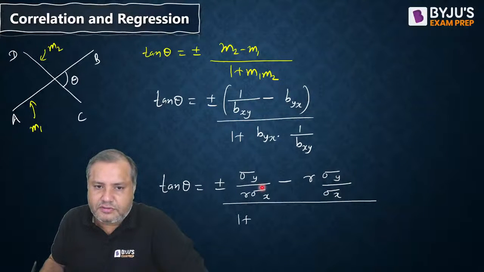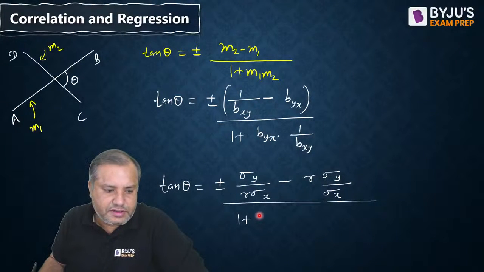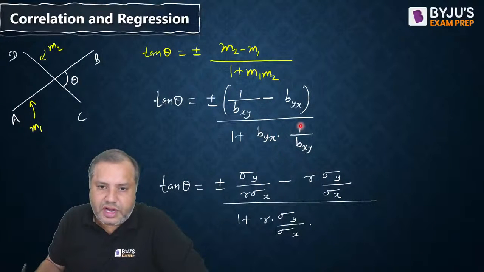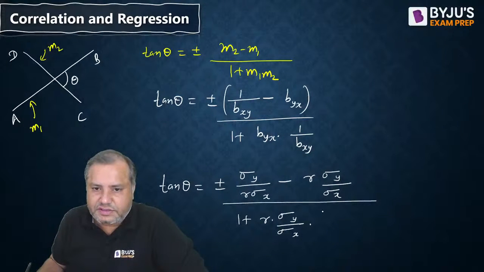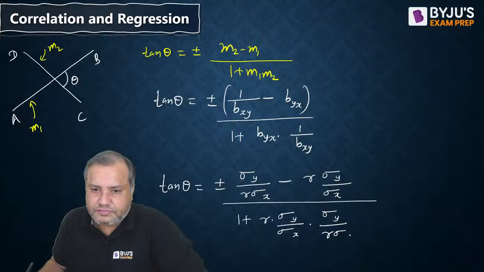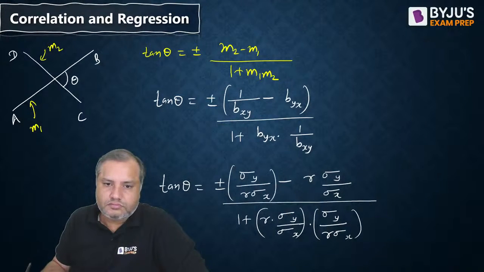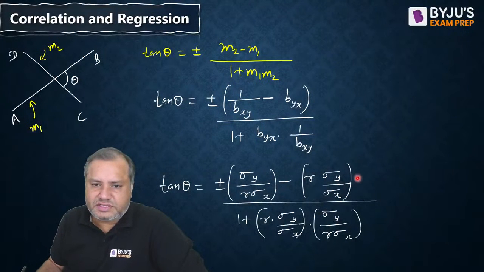So 1 plus byx into 1 upon bxy gives 1 plus r sigma y upon sigma x times sigma y upon r sigma x. Comfortable till this?